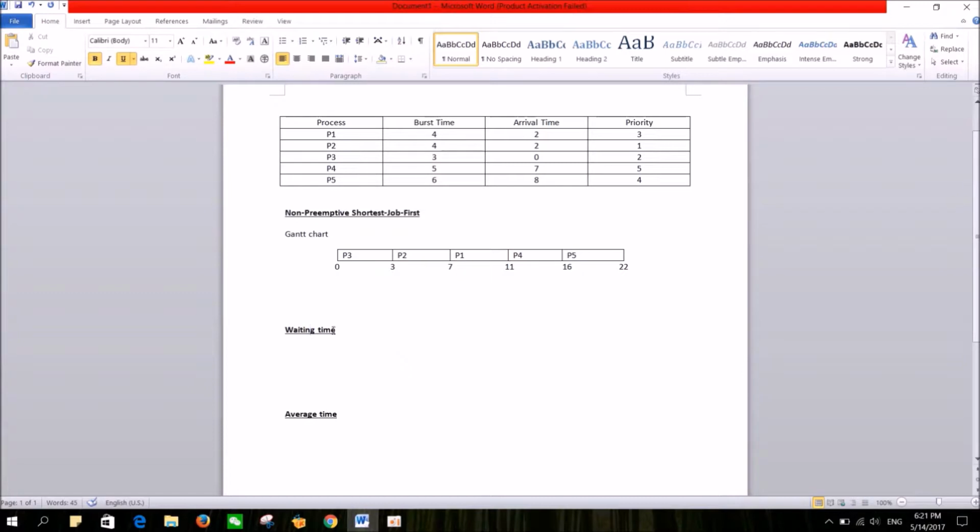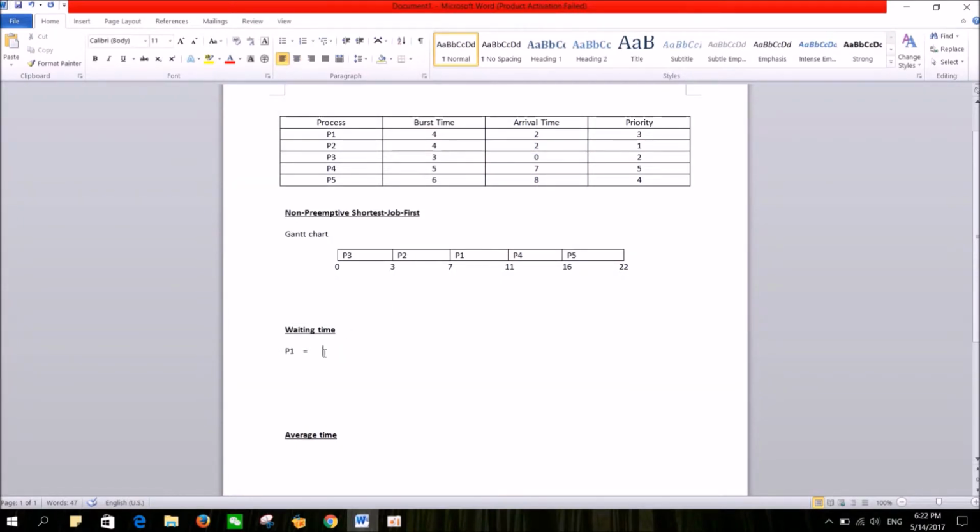So let's start with process 1. Now we have to look at P1. P1 is 7 here, and 7 has to be minus its arrival time. Its own arrival time, not the other processes', but only P1's arrival time.